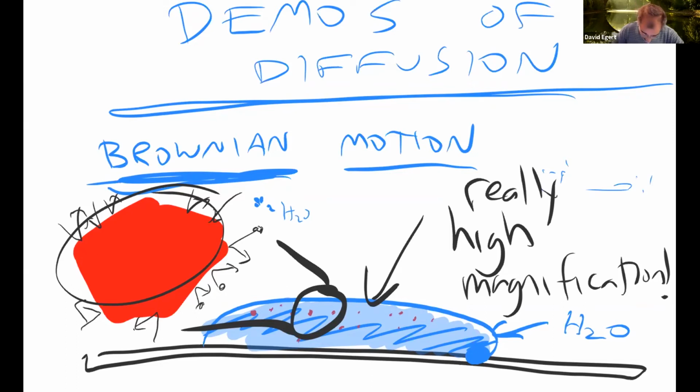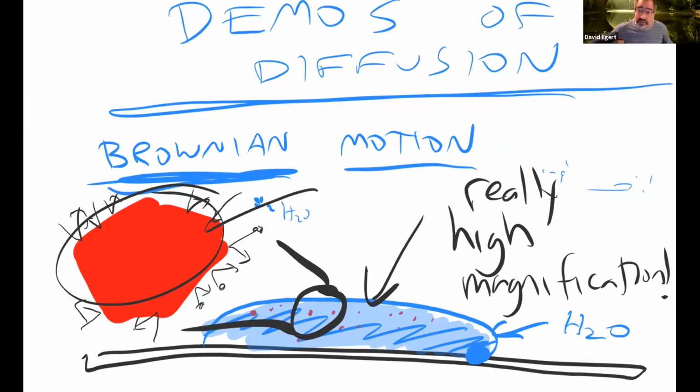The little red rocks, the little carmine dye, they just look like they're sitting there. By the time you get up to 400 times magnification, they get all jittery. And it's cool, they look alive. They look like little living things going zzz, but you realize they're just little crystals getting whacked by the water molecules that are invisible.